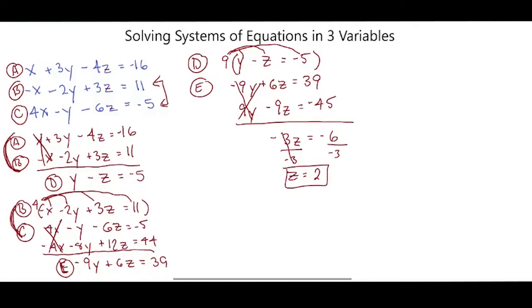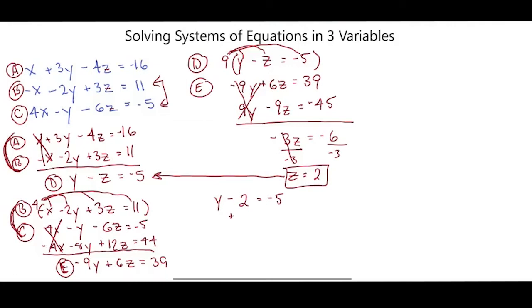All right, so we found z. Now we need to go in and find x and y. So what I'm going to do is take this z and plug it into this equation right here. All right, so it becomes y minus 2 equals negative 5.